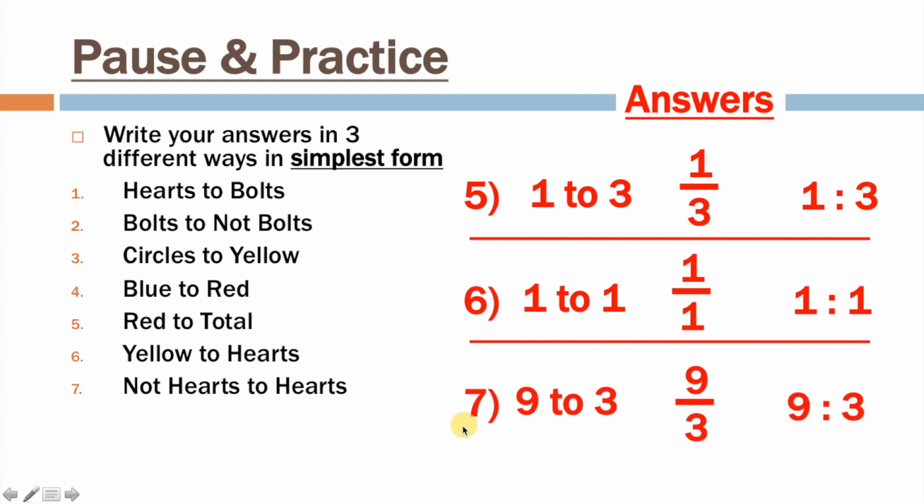And number 7, 9 to 3, 9 over 3, 9 colon 3. And this answer can be reduced as well. We can divide both of these numbers by 3. 9 divided by 3 is 3, and 3 divided by 3 is 1. Therefore, this will become 3 to 1. This will become 3 over 1, and this will become 3 colon 1.